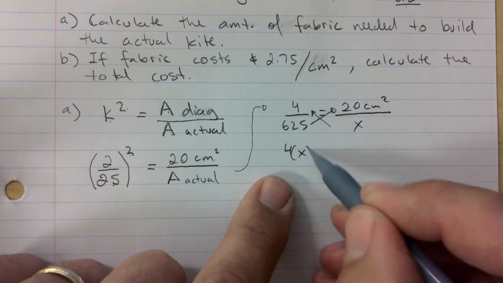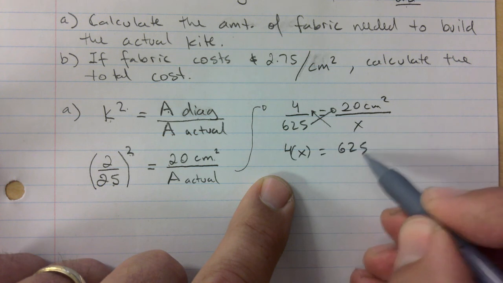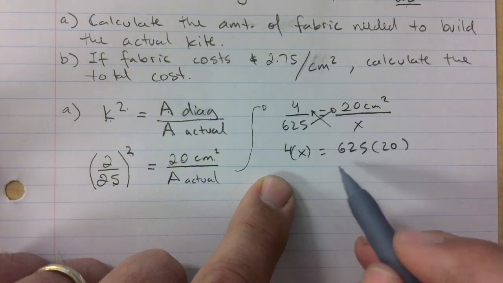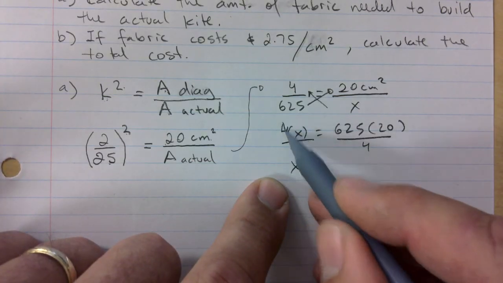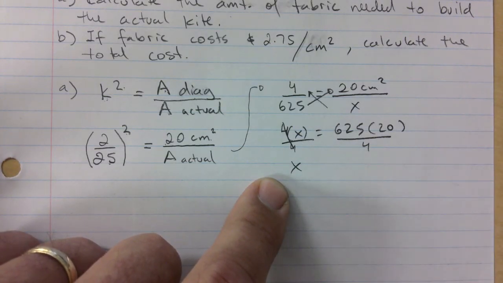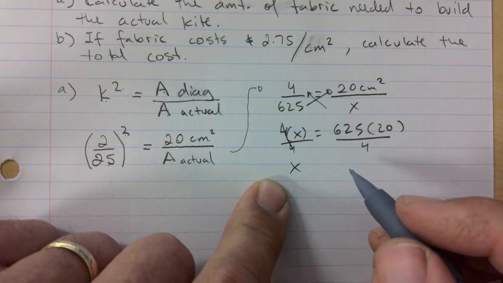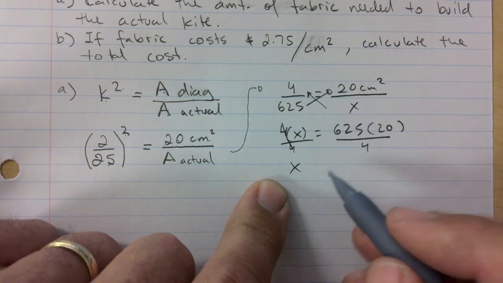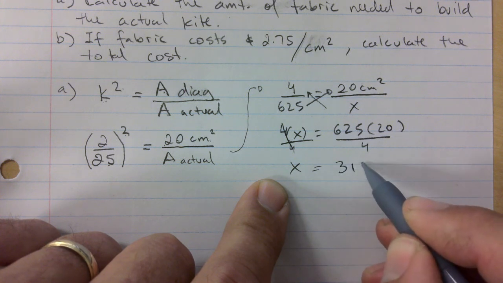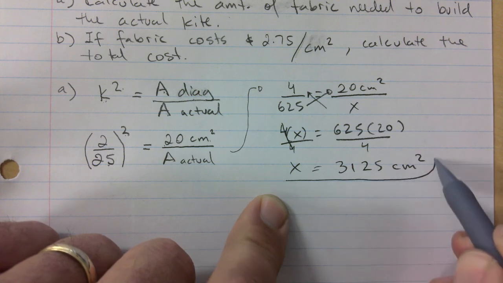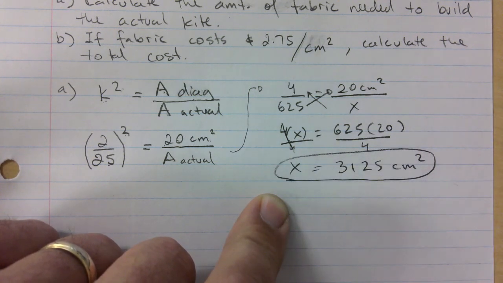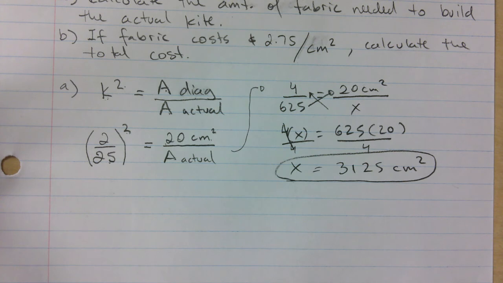So that's 4x is equal to 625 times 20. I will divide both sides by 4. The 4's cancel out, so it's really 625 times 20 divided by 4, which is 3125 centimeters squared. This is the area of the actual, like the amount of fabric, right? Fabric is covering, so you're thinking area, I'm hoping.